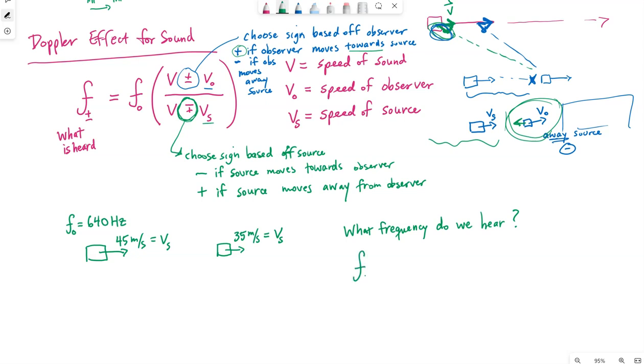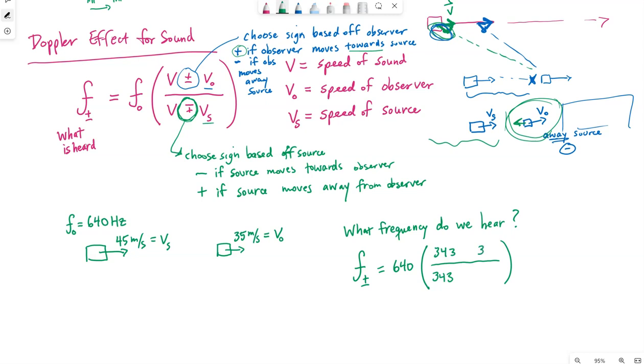So plugging numbers in, I would put my 640 hertz in for the f naught. I'm going to put 343 in for the speed of sound, because we haven't been told otherwise, a different temperature to work with. Oh, I've labeled these both as sources. Sorry, in the picture. This is us, the observer.